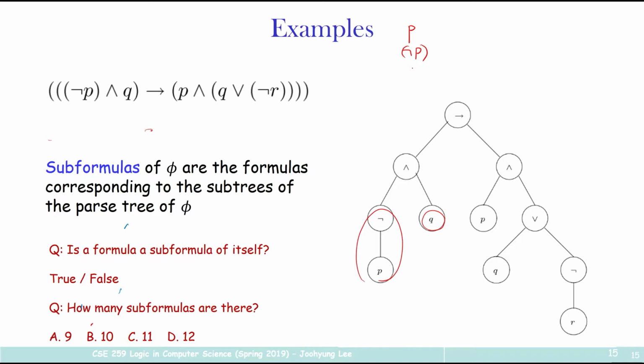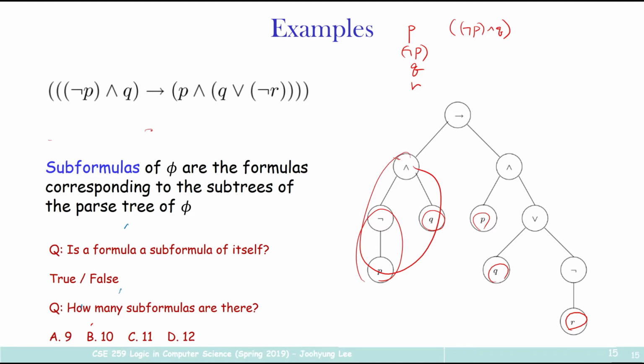Q is also a subformula. And let me say the atomic formulas too. P already counted, Q already counted. So R is also a subformula. And not P and Q, this subtree, is also a subformula. So we cover this.